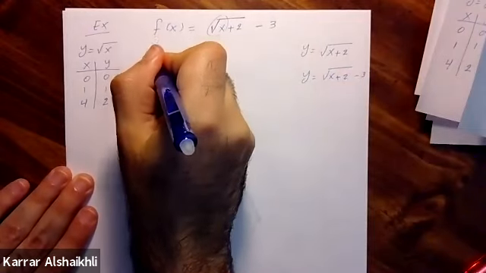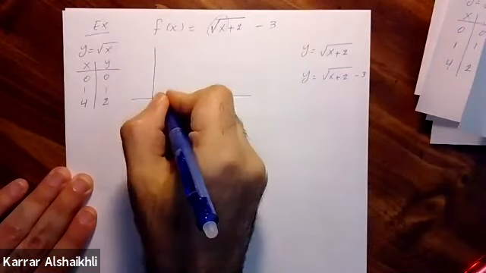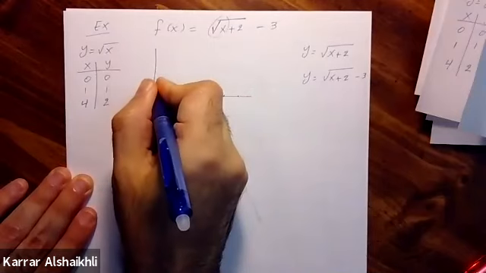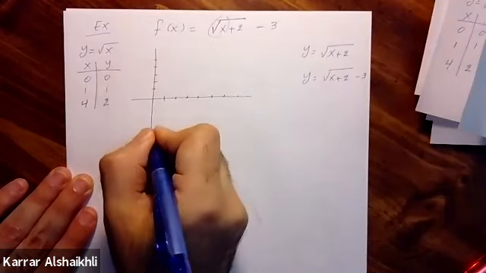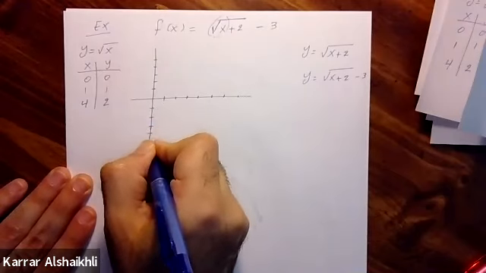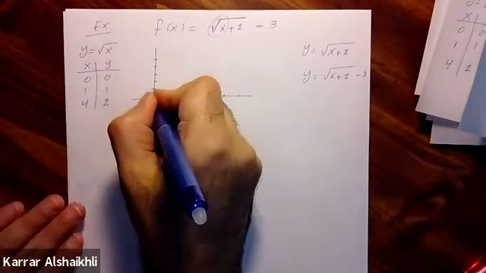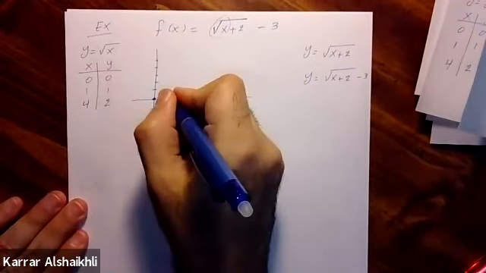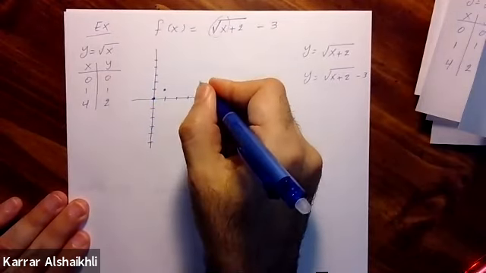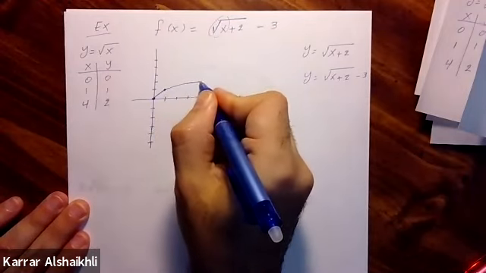Let's start working here. 1, 2, 3, 4, 5, 6, 7. 2, 3, 4, 5. 1, 2, 3, 4, 5. So let's graph the parent function. 0, 0 here. 1, 1 here. And 4, 2 is going to be here. So here's the graph of the parent function.